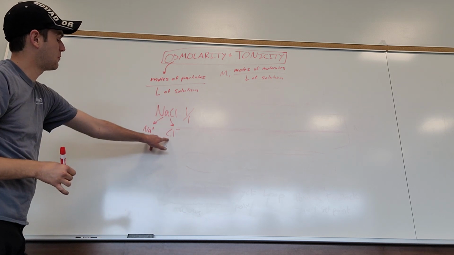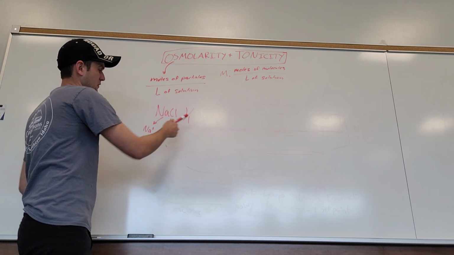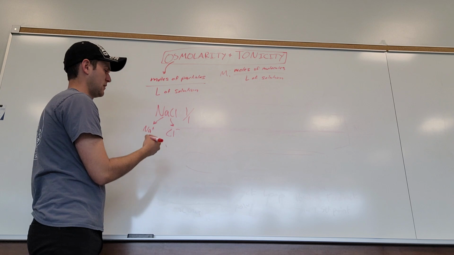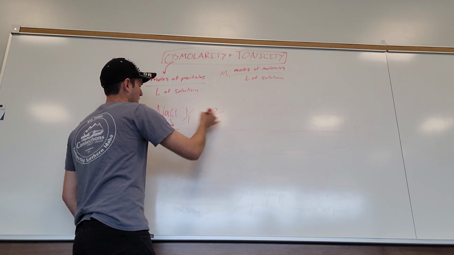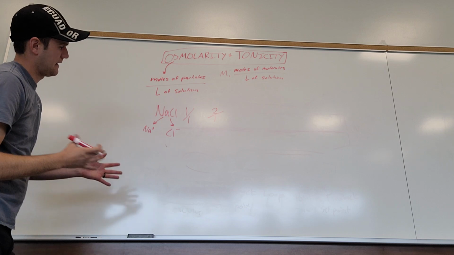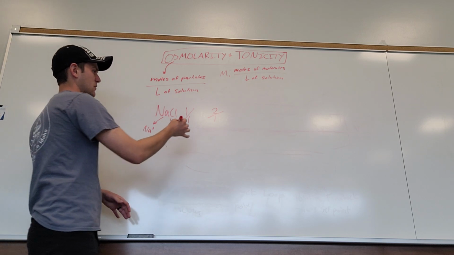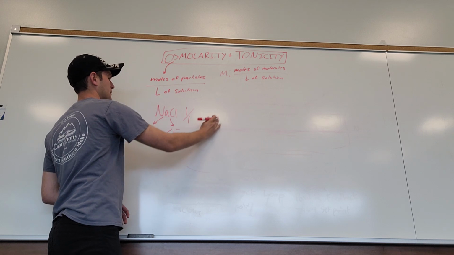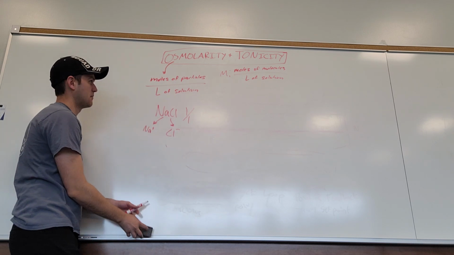So we have 2 different particles now. So now our osmolarity would be 2 particles per 1 liter. I think with sodium chloride it's actually something like 1.8, but we're not going to worry about that. So that would be the difference between osmolarity and molarity.